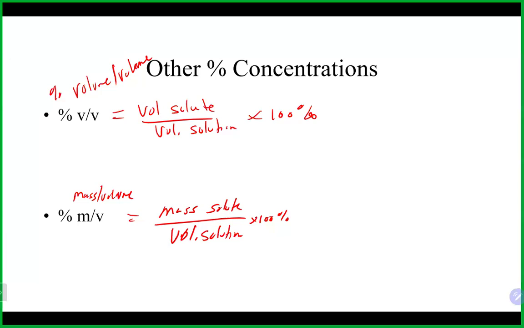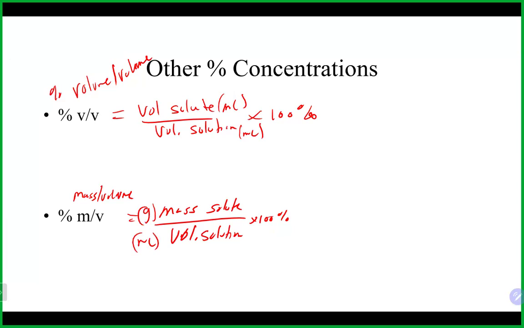In most problems, you'll be given the volume of the solution, so you don't have to be as careful as with the first one. Usually the units here are milliliters and milliliters. This is almost like density, grams and milliliters, and those are typically the units we use here.